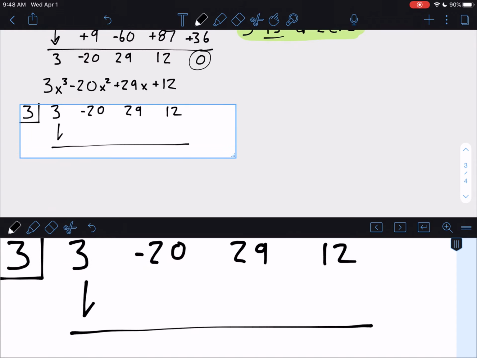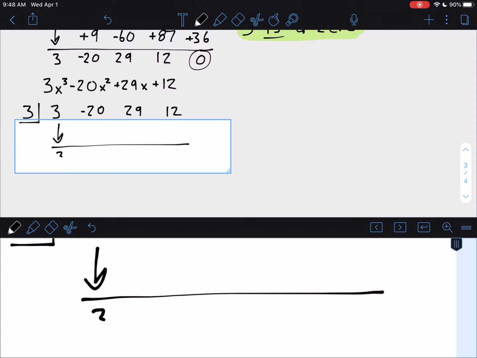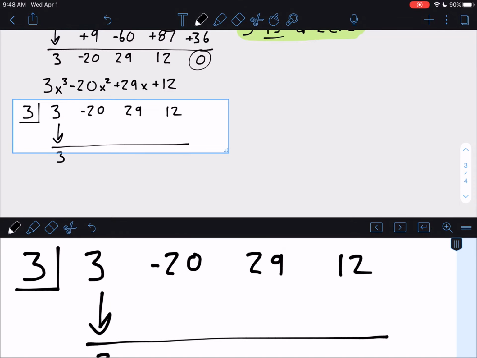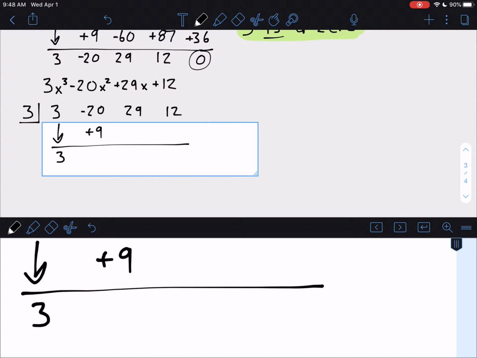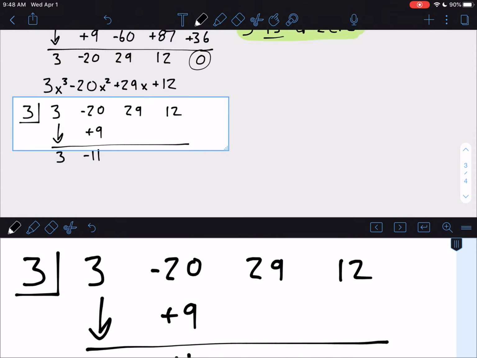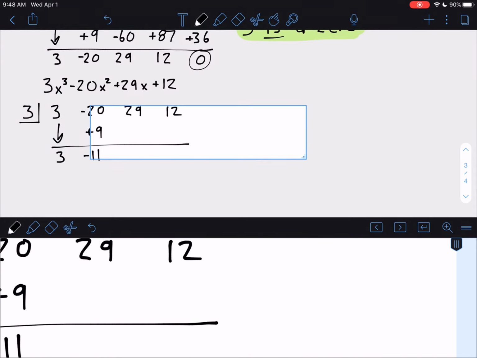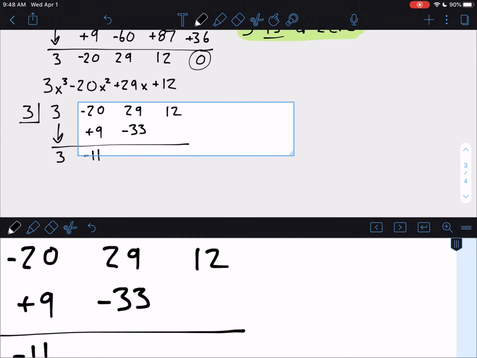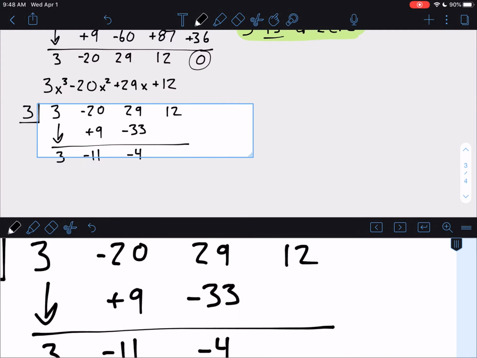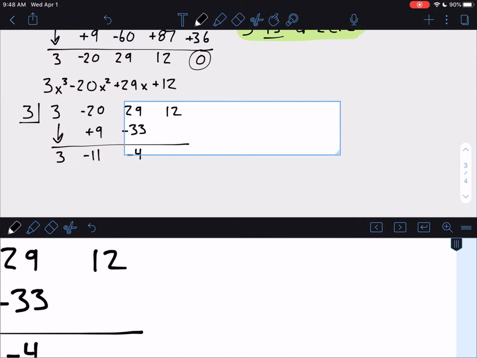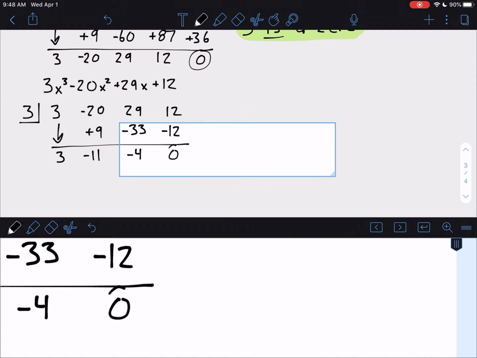I give them an underline, and let's see, so bring down the 3. 3 times 3 is going to be positive 9. -20 plus 9 is -11. 3 in the box times -11 is -33. 29 minus 33 is going to give me -4. And the 3 in the box times -4 is -12. 12 minus 12 is 0.